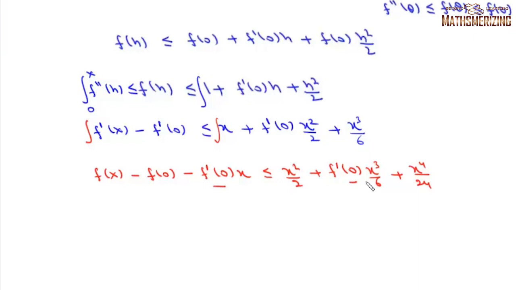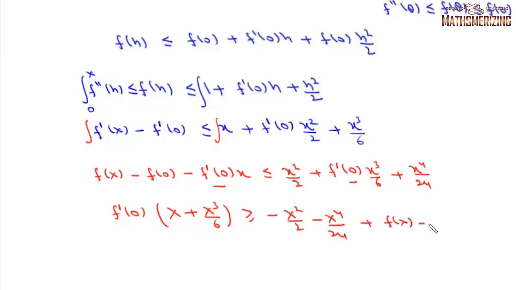So we can write f'(0)x plus x cube upon 6 is greater than or equal to minus x square upon 2 minus x to the power 4 upon 24 plus f(x) minus f(0).